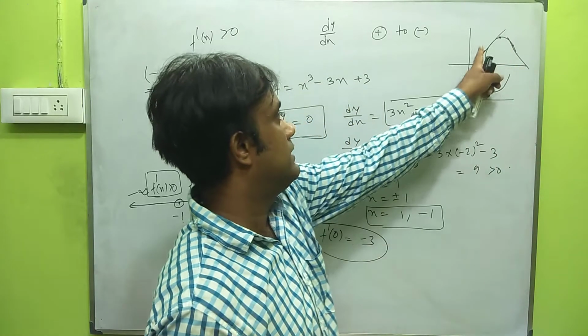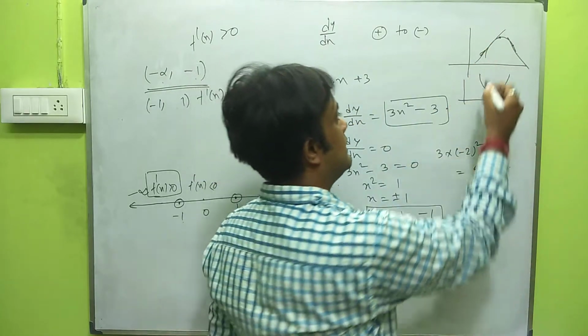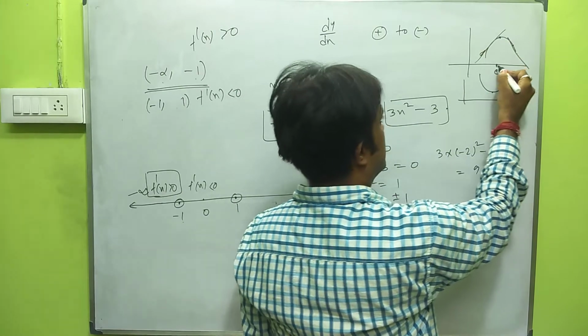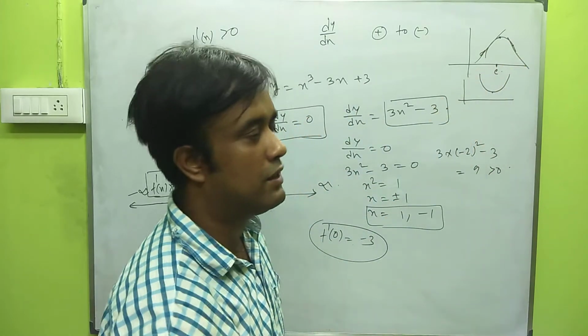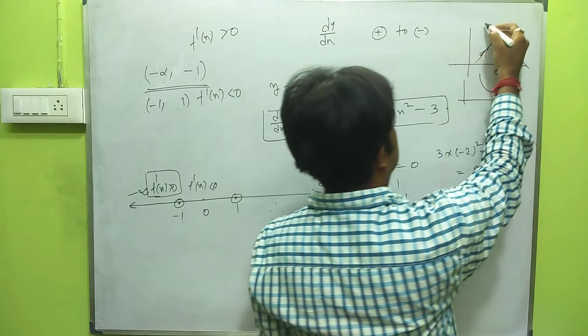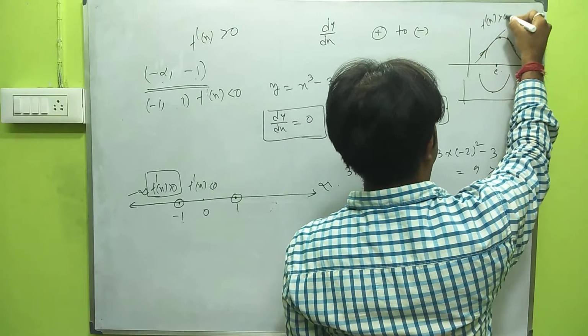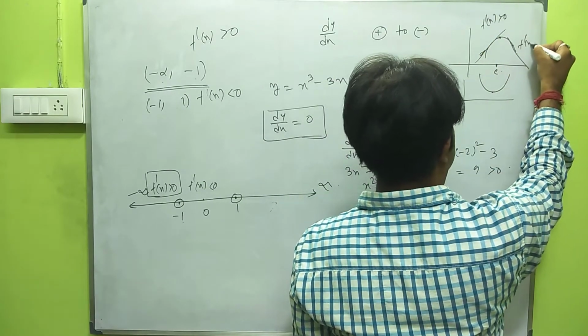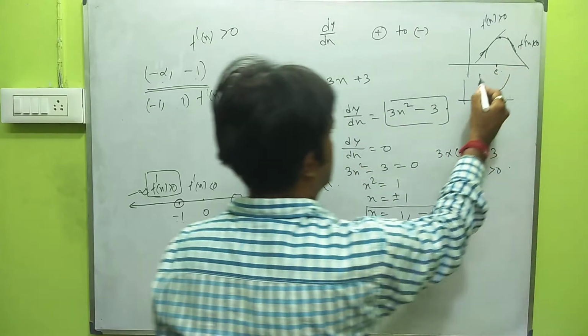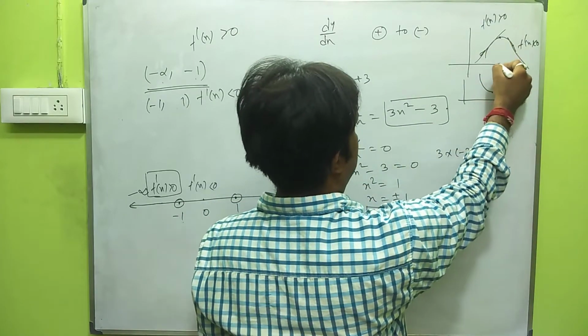So on the left side of C, f dash x is greater than 0 and on the right side f dash x is less than 0. So it attains a maximum value at C.